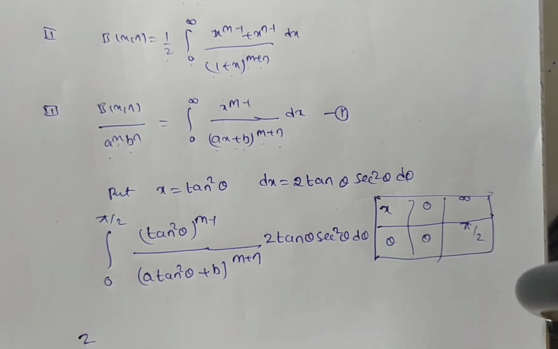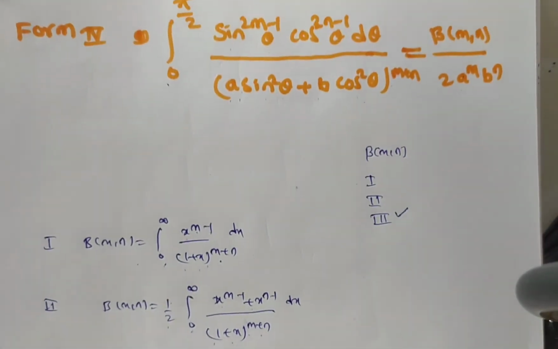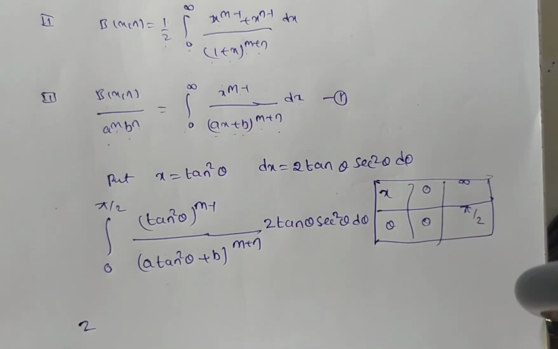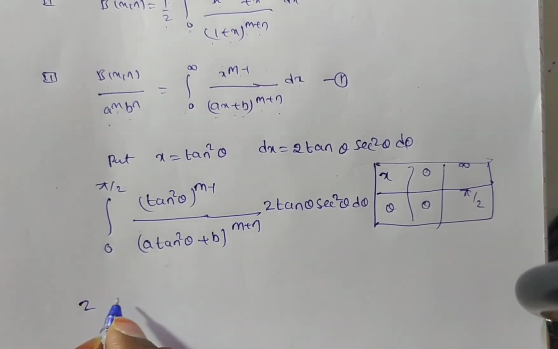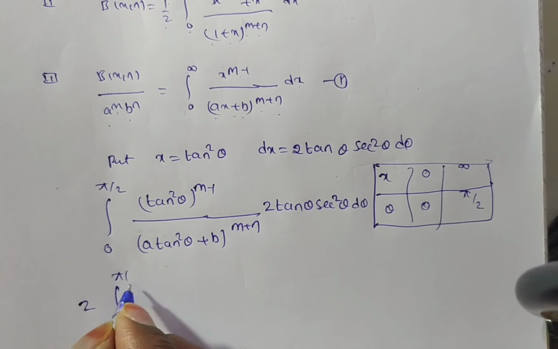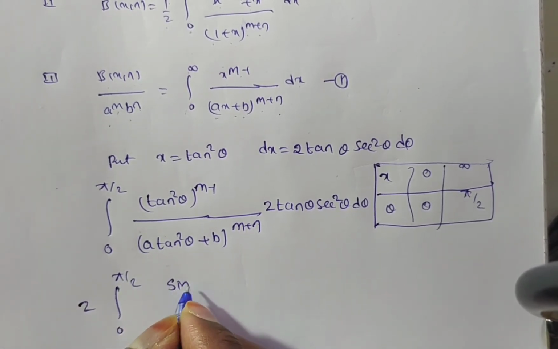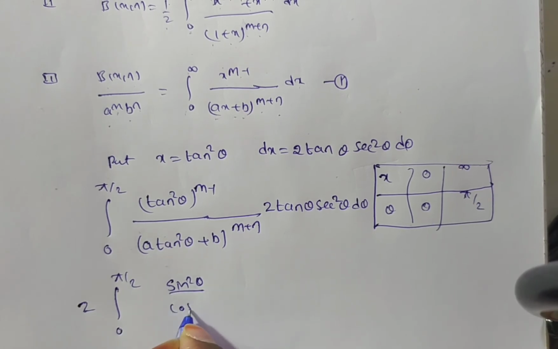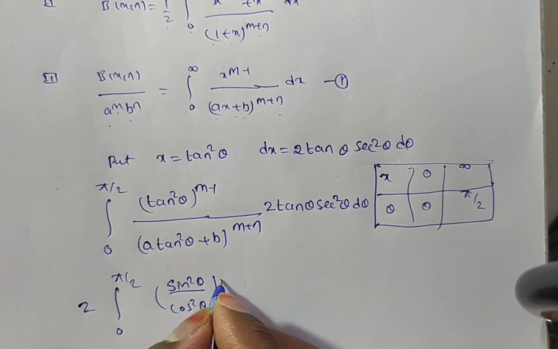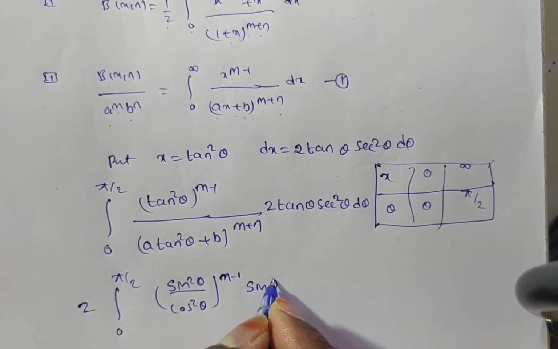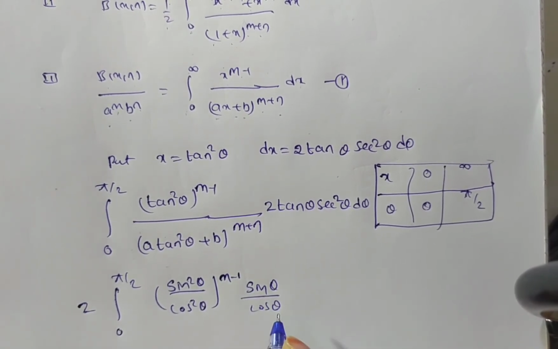But in the problem you observe, you require it in terms of sine and cosine. So can you convert tan into sine and cosine or not? Yes. How can you? Tan is nothing but sine by cos. So you can write this as (sine square theta by cos square theta) power m minus 1. What is tan theta? You can write sine theta by cos theta.